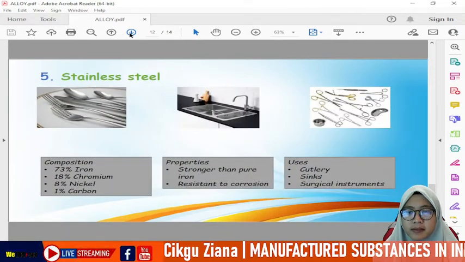For stainless steel, the composition is 73% of iron, 18% of chromium, 8% of nickel, and 1% of carbon. The properties are stronger than pure iron and resistant to corrosion. Uses are cutlery, sinks, and surgical instruments.